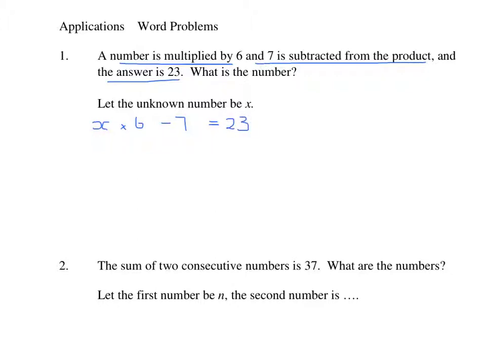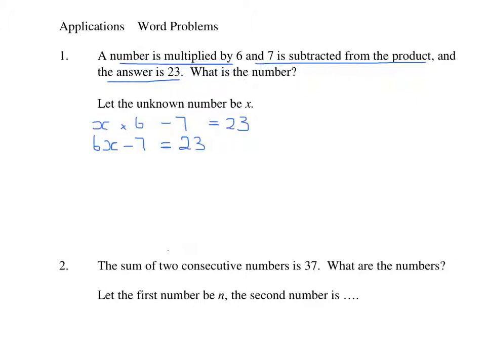So we've got x multiplied by 6 minus 7. Well, x multiplied by 6 is 6x minus 7. The answer is 23. You should now be able to solve for x using the skills you've learned for solving equations in this lecture.